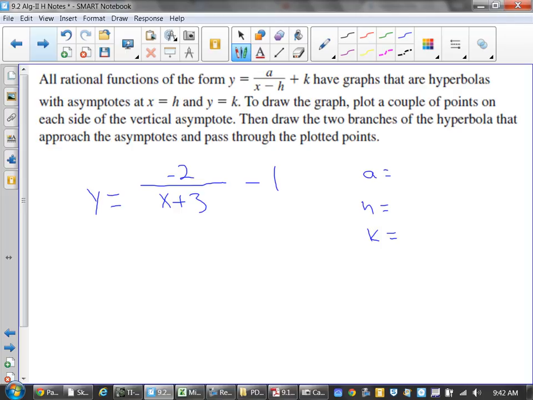So you're going to get a vertical asymptote when x equals h, and your horizontal asymptote will always be at y equals k. All right.